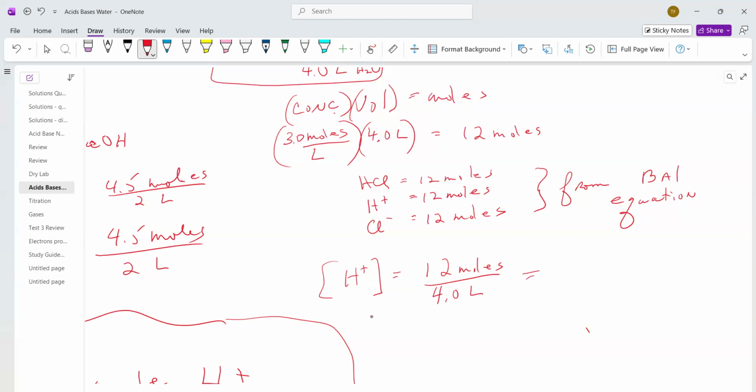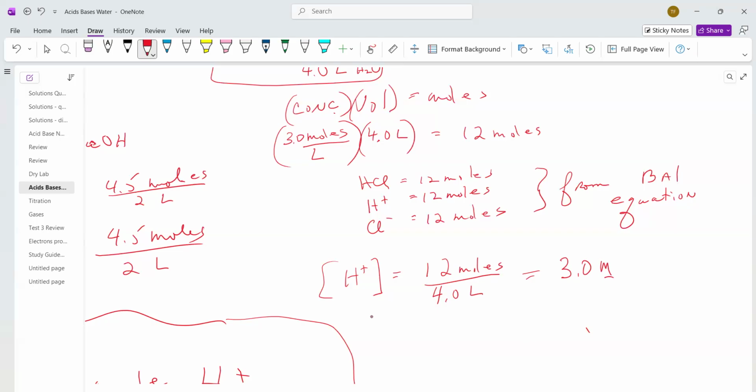So the concentration of H plus is 3.0 moles per liter. And the reason why it's the same as HCl is because it's a monoprotic acid.